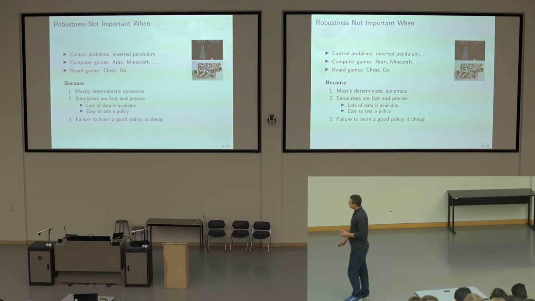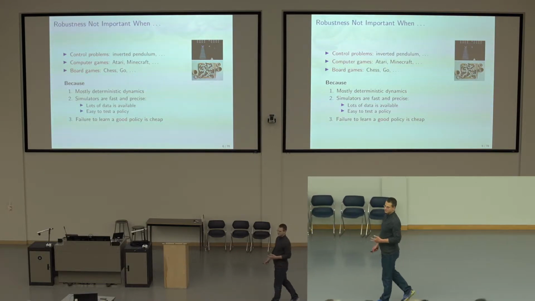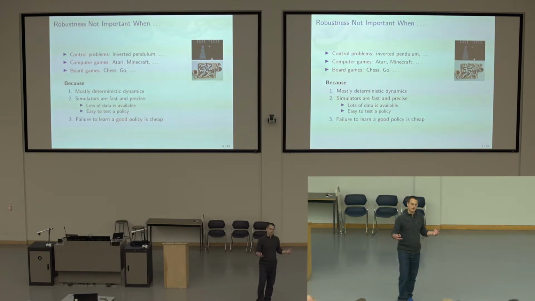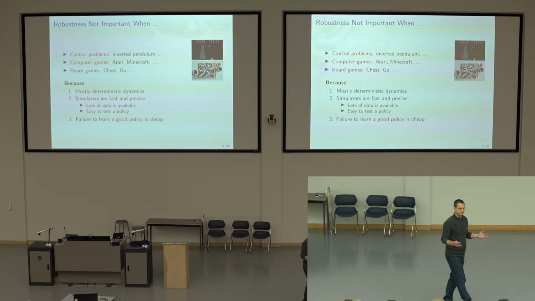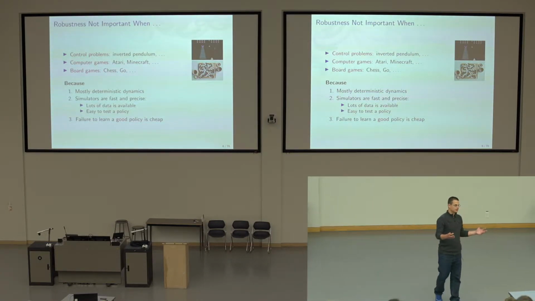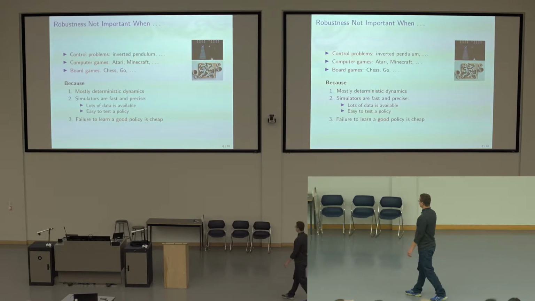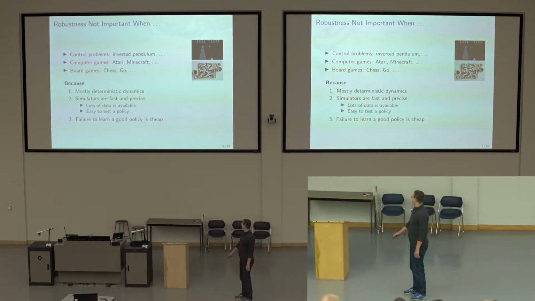And finally, if our method doesn't work, there's very little penalty. If you compute a policy, the policy is bad, you run it on the simulator, you'll find out that it doesn't work. You'll try again. You tweak your neural net, you change your step size, you do something, and you iterate until you get a solution in the end. So the failure of learning a good policy is cheap.